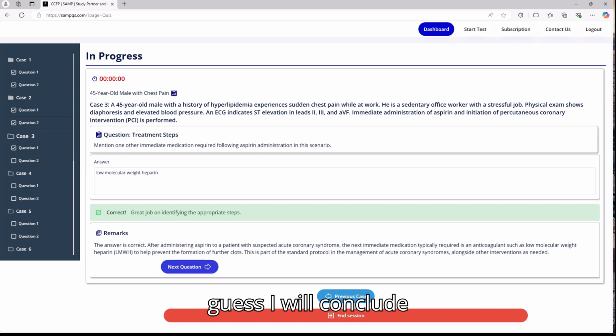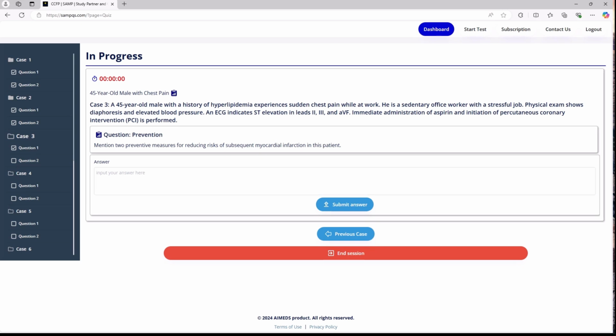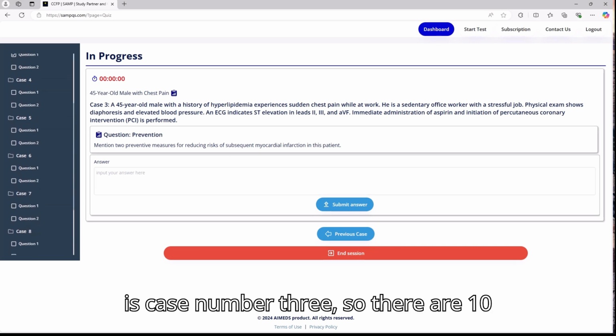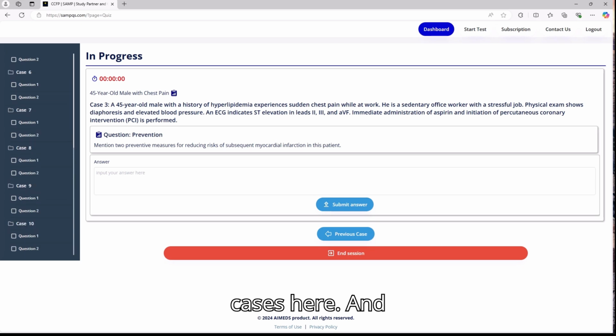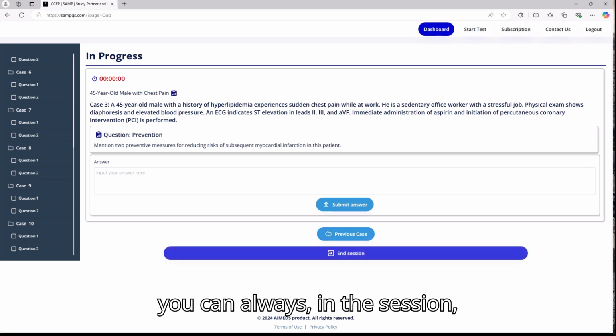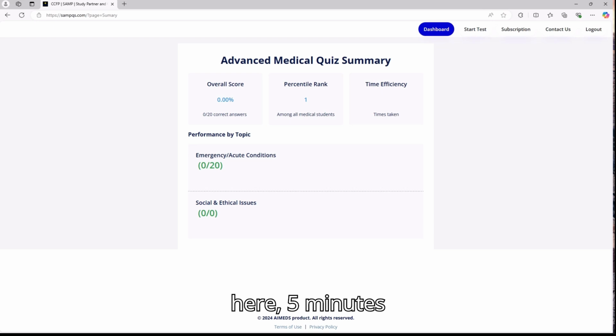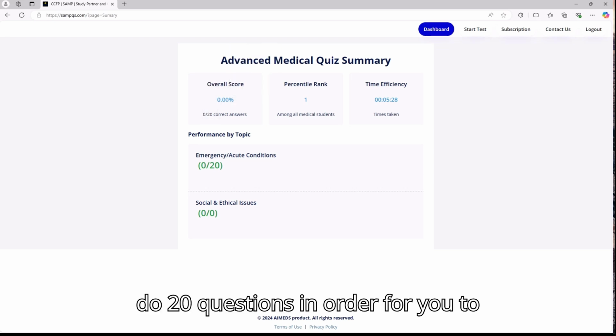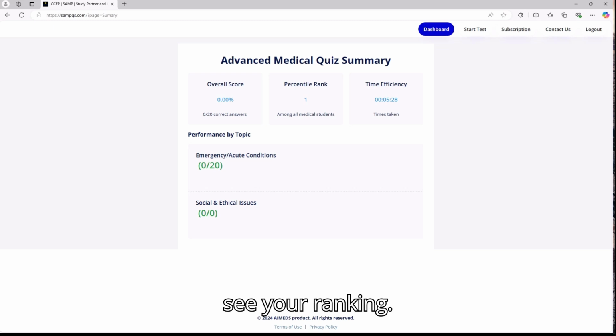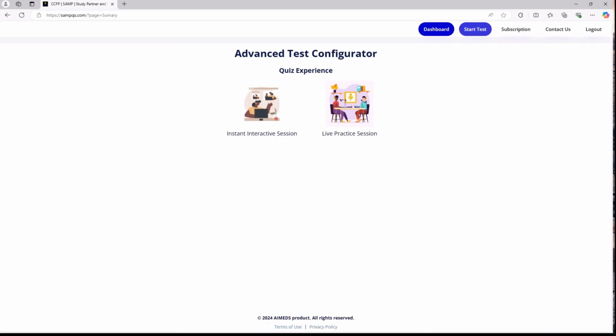And I guess I will conclude with this case here. This is case number 3, so there are 10 cases here, and in the session it will give you the time efficiency here, 5 minutes and 28 seconds, and you need to do 20 questions in order for you to see your ranking.